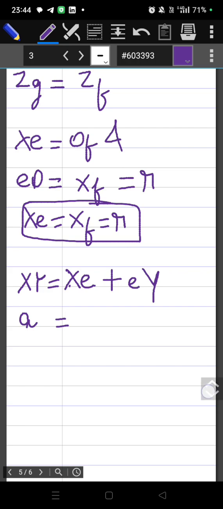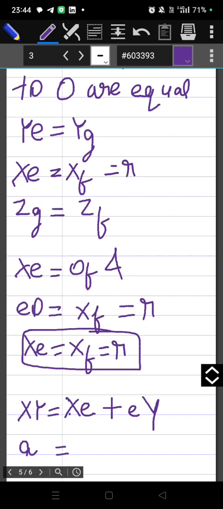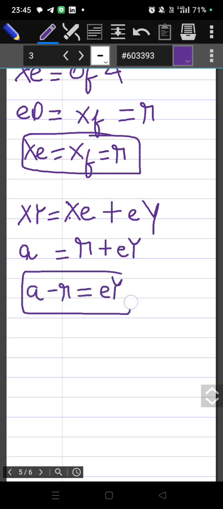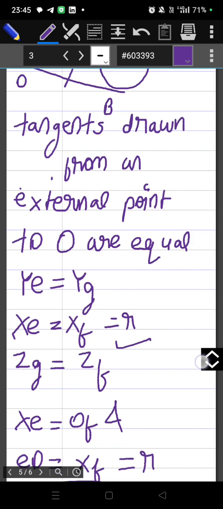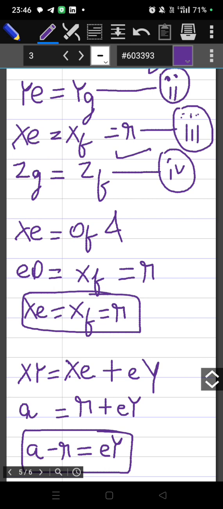And this is our radius, as we have already proved here. So this is our radius and it will be as it is. It becomes a minus r equals EY. And from this result, for easy purpose, I have named the equations as 2, 3, 4. So EY can be written as YG.